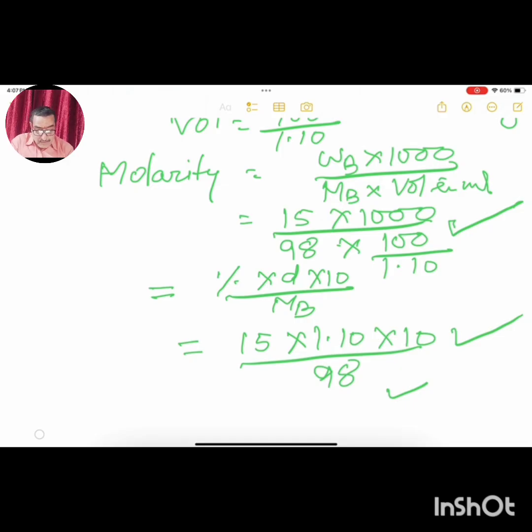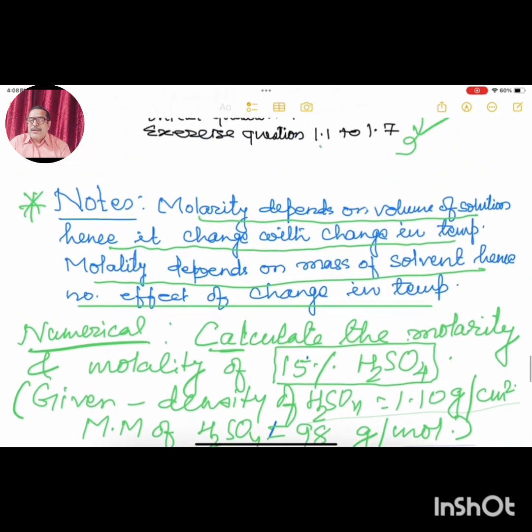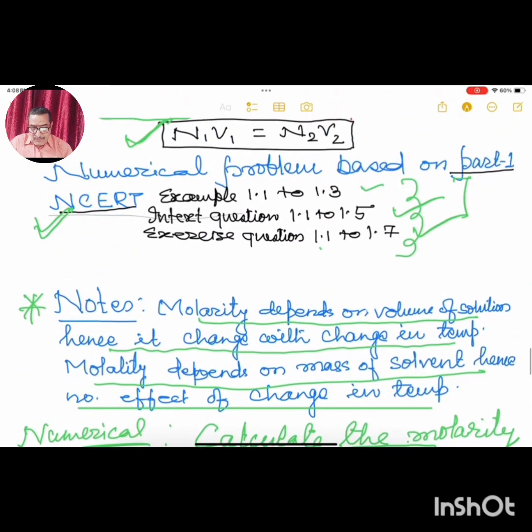The numerical problem totally depends upon how you read the question. Divide the question into two parts: what is given and what is required. In chemistry, numerical problem solving is totally based on practice. You have to practice all these questions from NCERT, and then take more examples and solve them.